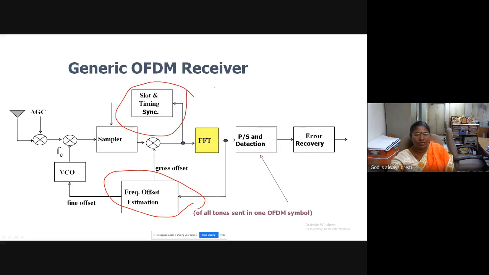After compensating for all these changes in your signal because of the wireless channel, you simply receive the signal, do the FFT part, convert parallel to serial, detect the signal, and therefore you get back your OFDM symbols. This is your simple OFDM receiver.